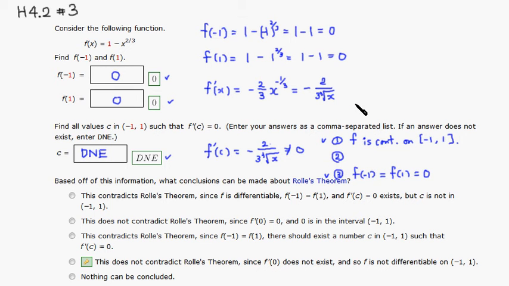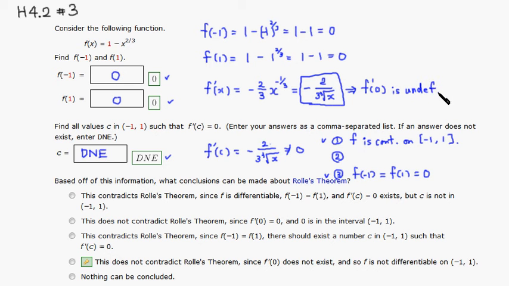You can see here's the derivative, over here. This is undefined when x equals 0, because that would make the denominator 0. So this means that f prime of 0 is undefined.